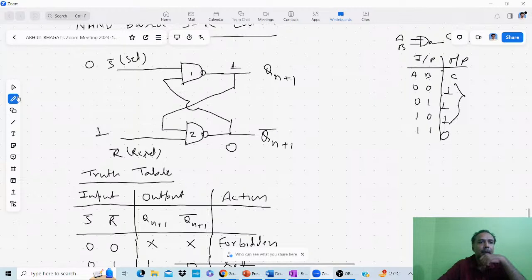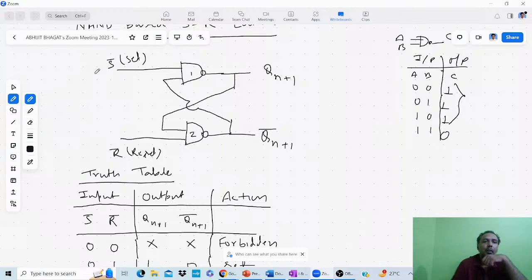Same. First I will erase this. Okay. So the next condition is 1 0. So 1 0 means this is 1, this is 0.